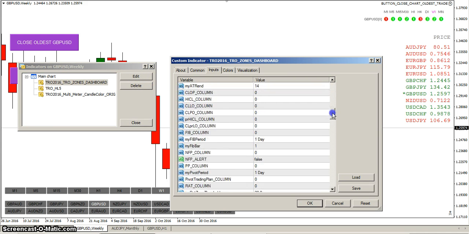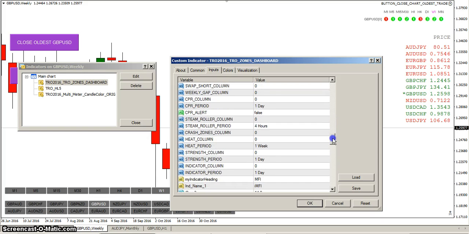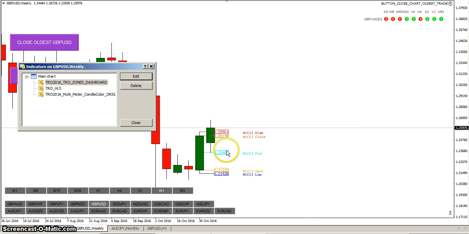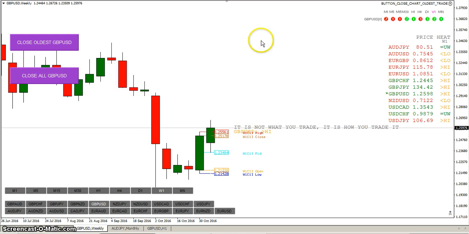I added a few things. Somebody's probably going to like one of them, maybe both. The first thing I added is what I call the heat column. You might remember there was a TRO heat indicator, and basically this tells me where the price is in relation to the previous week's candle.